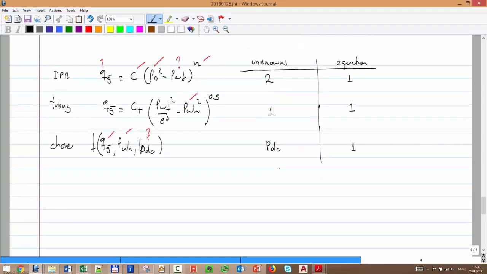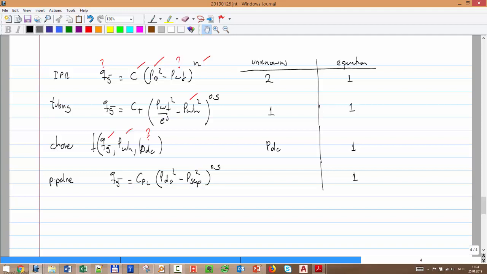Now we go to the last equation, which is the pipeline equation, in which I have QG, CPL, PDC, and P separator. Here finally I have one more equation, but no new unknowns. Q was already from before, CPL is a constant, PDC I had from the previous equation, and P separator is constant.